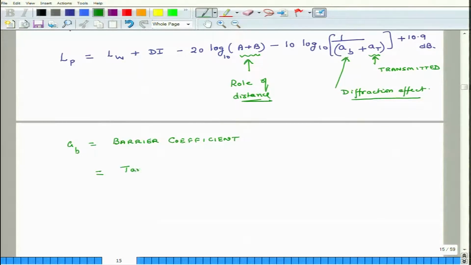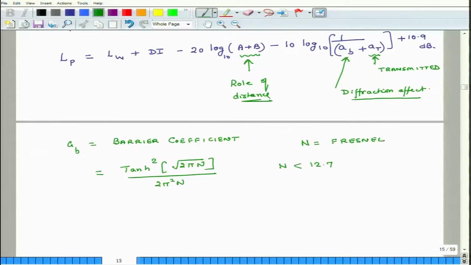It is tanh of the square root of 2 pi n, the entire thing squared, divided by 2 pi square root of n, when n is less than 12.7, and n is called Fresnel's number.